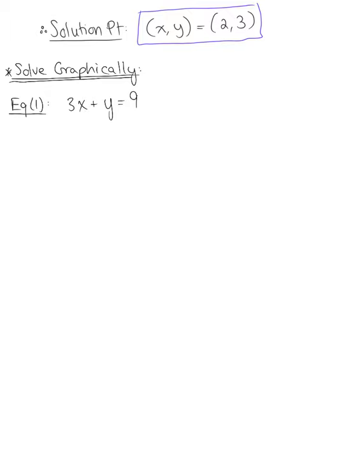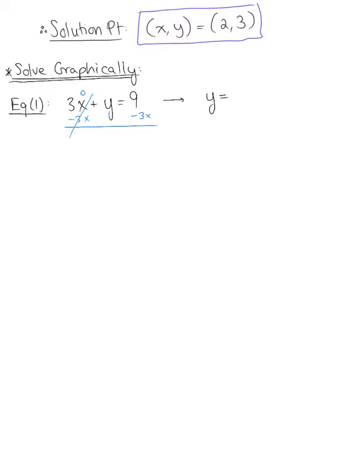If we subtract 3x from both sides, we're able to attain the slope-intercept form. So this becomes y is equal to minus 3x plus 9. The reason we're converting to slope-intercept form is because it gives us the y-intercept, where this line crosses the y-axis. So it's going to be the ordered pair (0, 9).